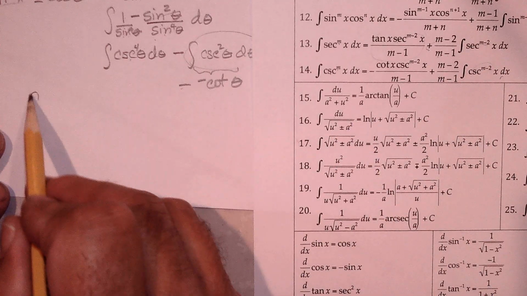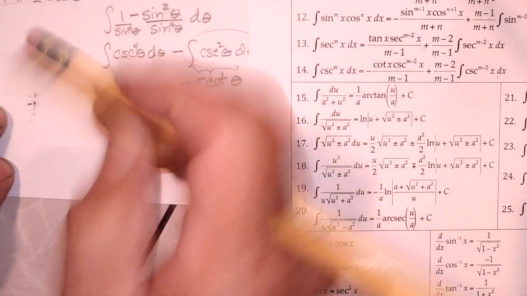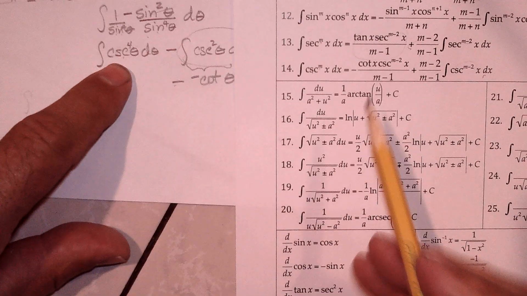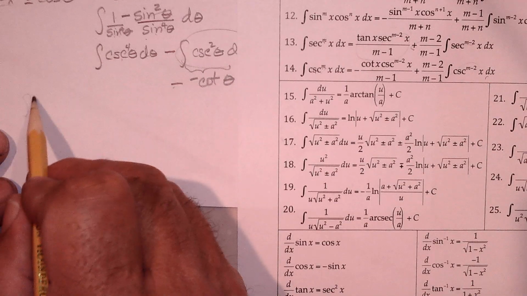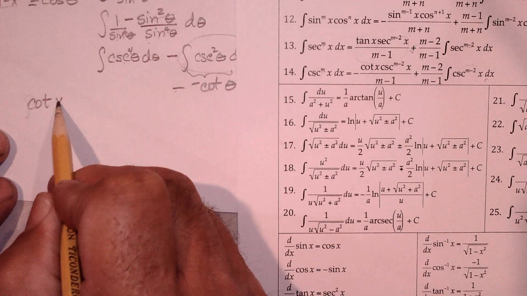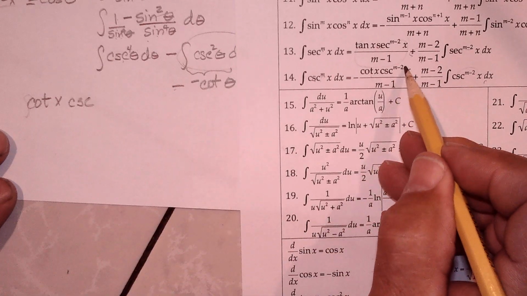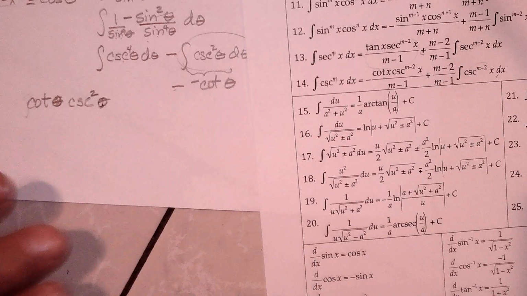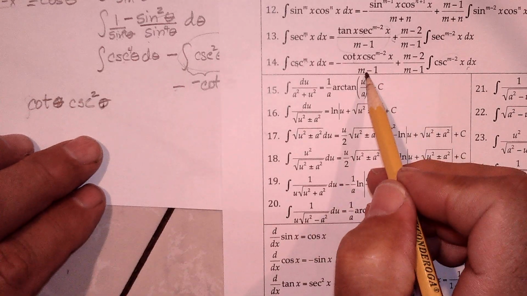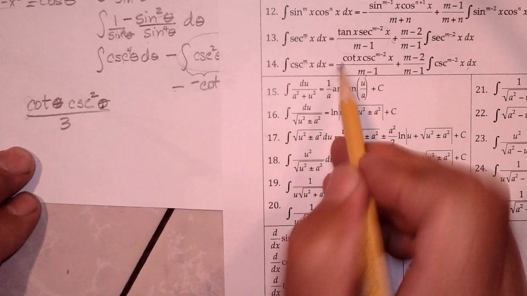So this will become, not the integral of, cosecant to the 4th, m will be 4, so I get cotangent x cosecant of 4 minus 2, 2x. Oh, but that's theta, so I better put thetas. Over m minus 1. M is 4, so this would be over 3 with a minus in front.